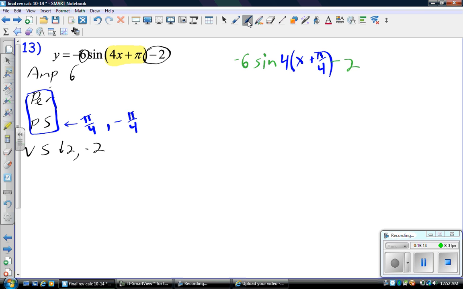We had to do this. And again, this should hopefully bring back exciting, fond memories from January. But what's the normal period of sine? Normal period of sine is 2 pi. We divide that by that. So 2 pi over 4, pi over 2. And there's all our information that we wanted.